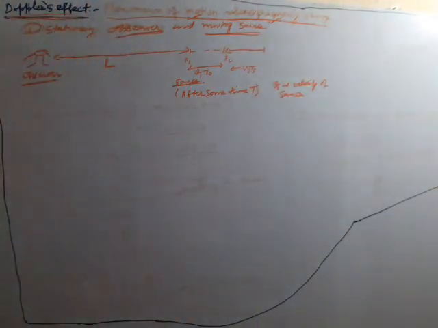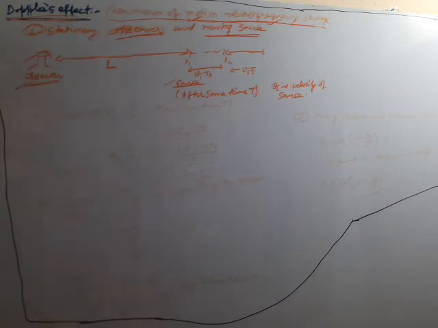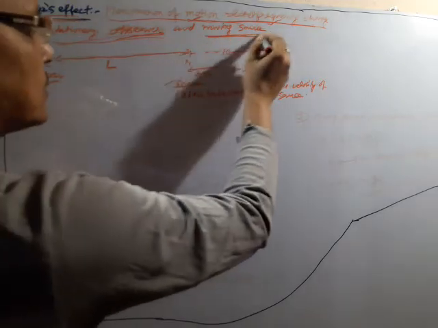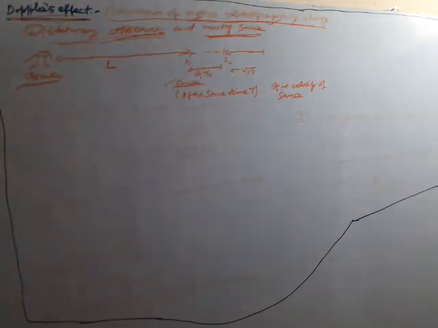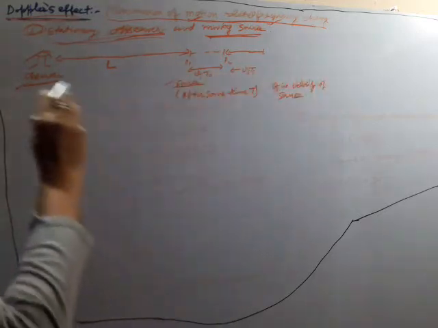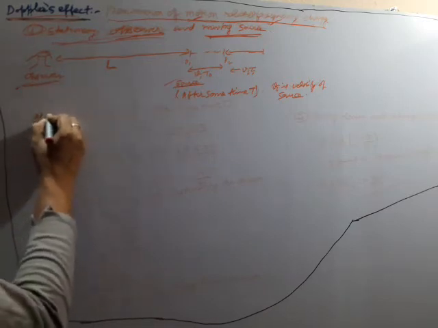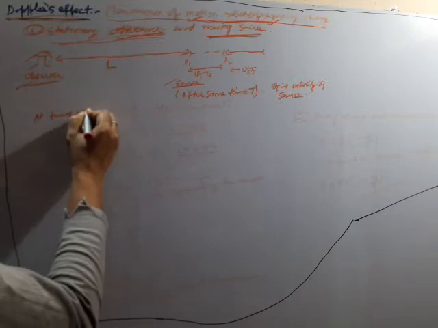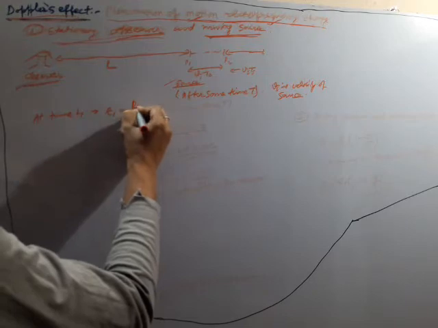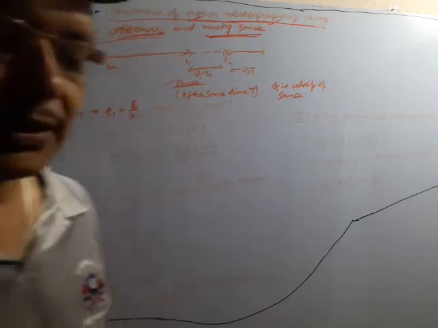Okay, try to understand. There is an observer and there is a source, and here the observer is in the stationary position and the source is moving. Suppose this source is moving away from the observer. Now at time t1 is equal to L by V. You know the formula, what is velocity?